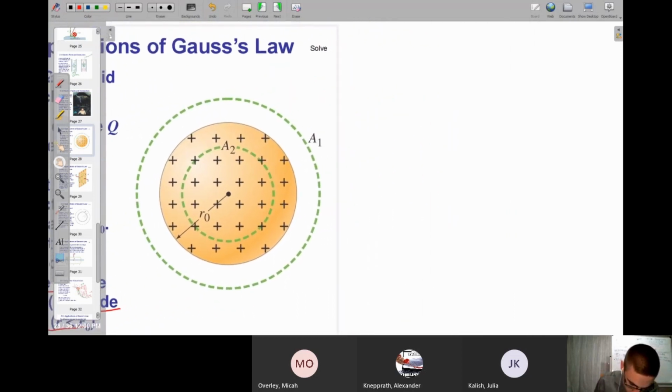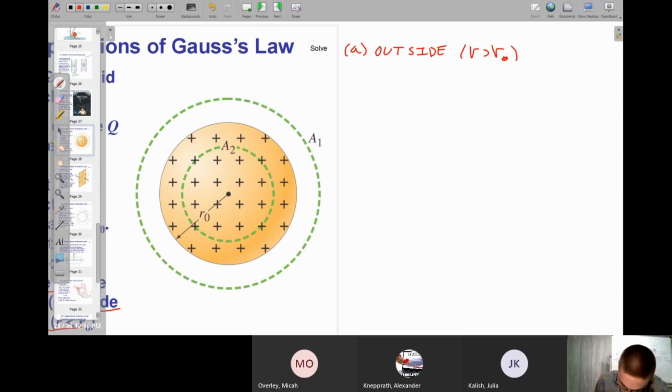Get myself a little room here. All right, so A, we're going to find the electric field outside, meaning at r greater than r0.